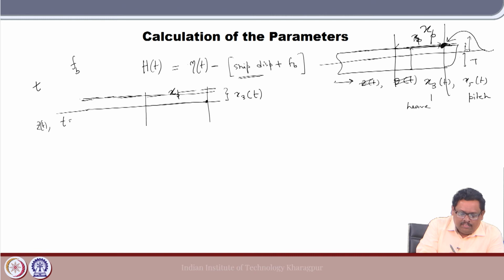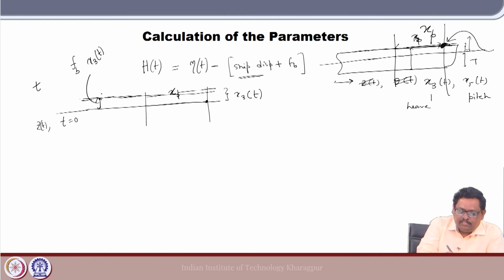At t equal to 0, this is the primary position, and with respect to this I am trying to calculate the whole thing. Now, at any time t, it moves from here to here. So, this displacement from here to here, let us call it x3(t).